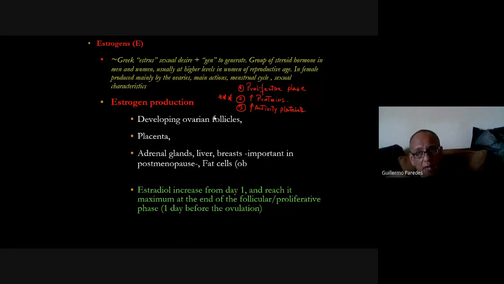Why? Because smoking is going to destroy the endothelium of the vessel, producing clots, and the estrogens are activating the platelets. So it's going to be much easier to produce clots if you're taking OCPs and smoking. And that can lead to strokes.